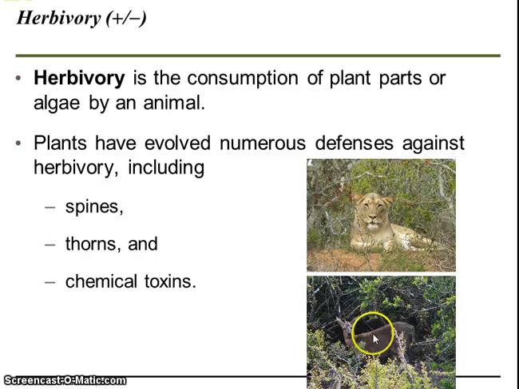You've got a lion and a bushbuck. That's a small antelope species. And they're both in this acacia genus plant that has really large, sharp thorns in it. The reason that it's there is because there's lots of elephants in this area, and they eat everything but acacia first. So you've got lots of these spiny things left there.